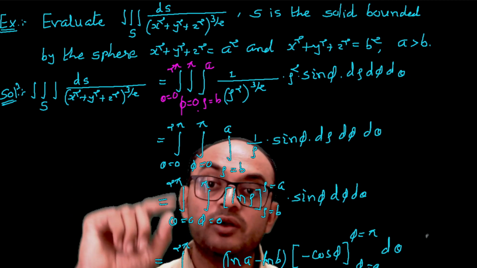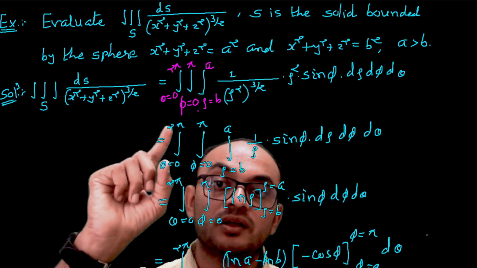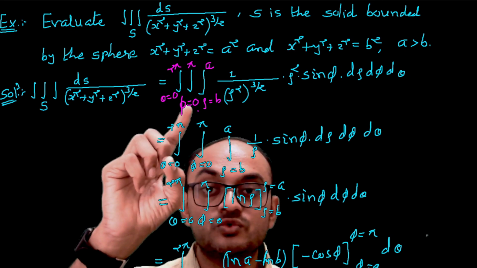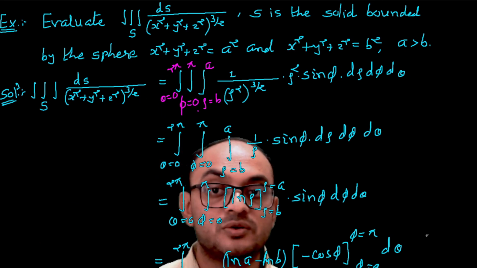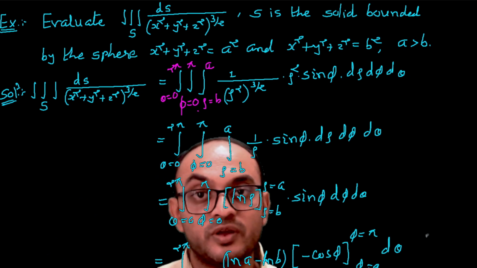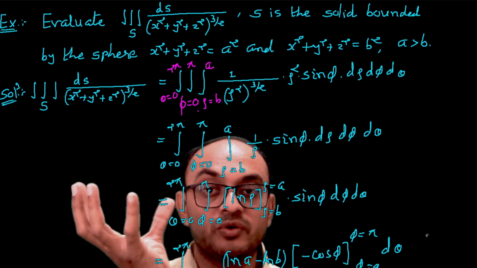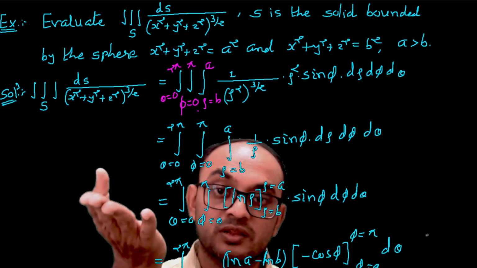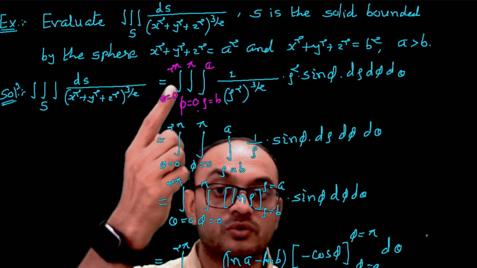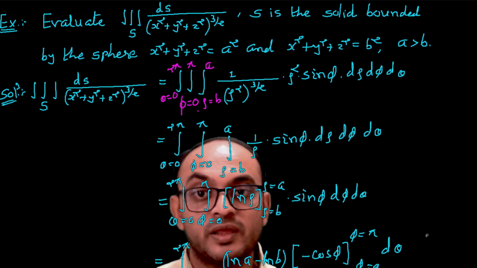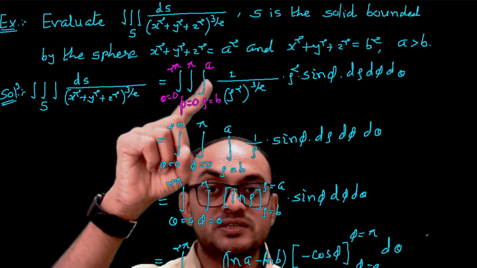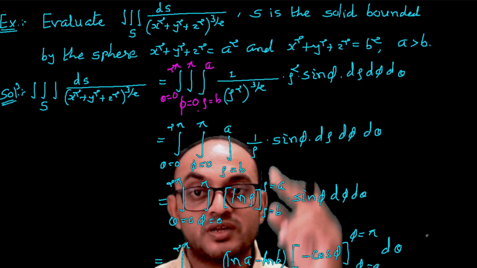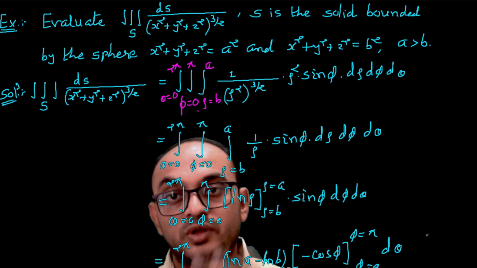What is the limit of phi? 0 to pi, and theta is 0 to 2 pi. How these two values are coming, 0 to pi and 0 to 2 pi, that also we have discussed. On the xy plane we have given a circle, so theta is 0 to 2 pi. We are rotating the circle only from 0 to pi. Clear? And this is the radius of the two spheres, so from B to A.